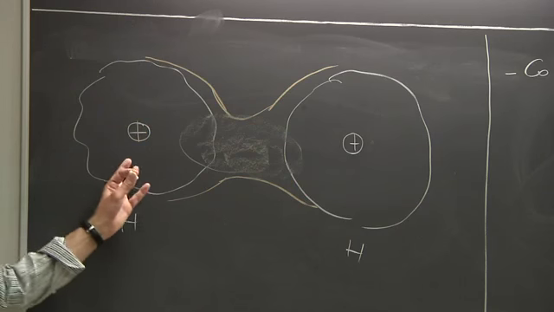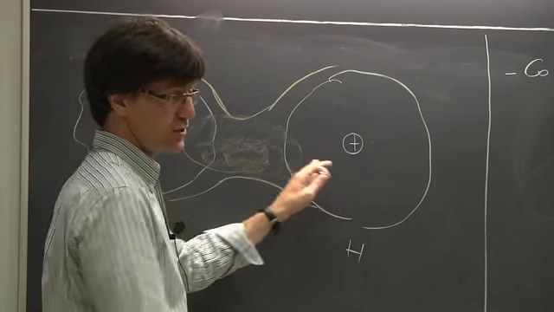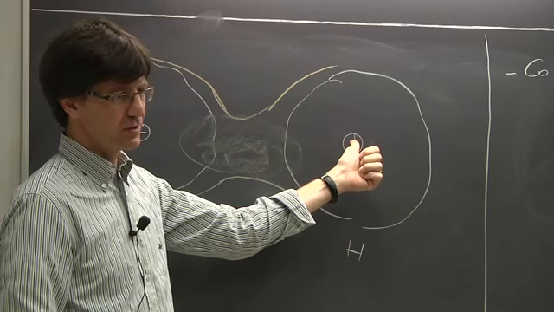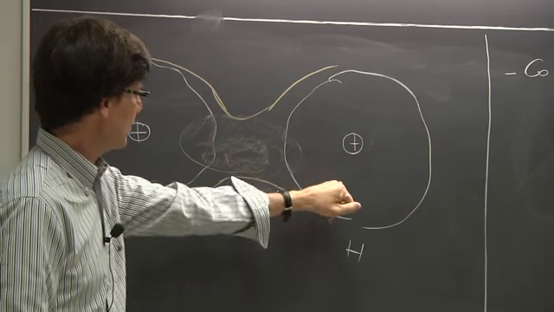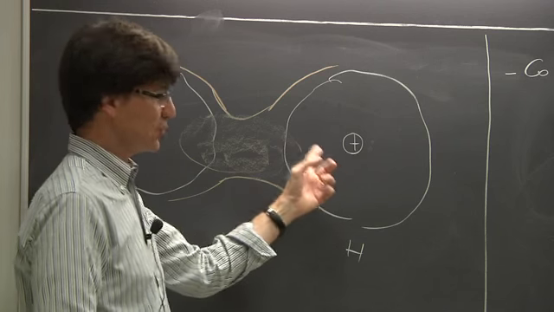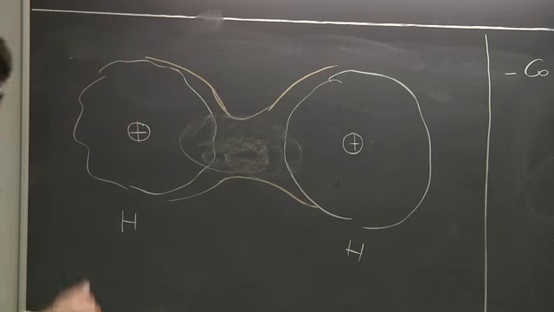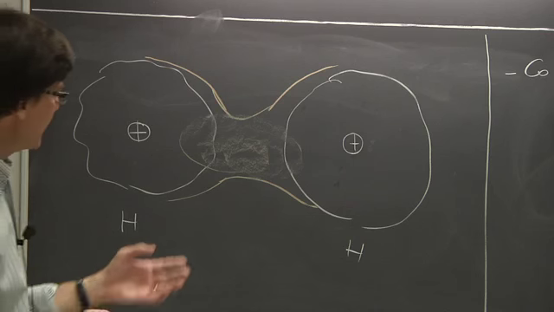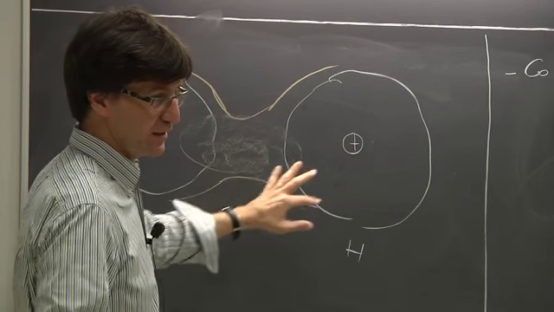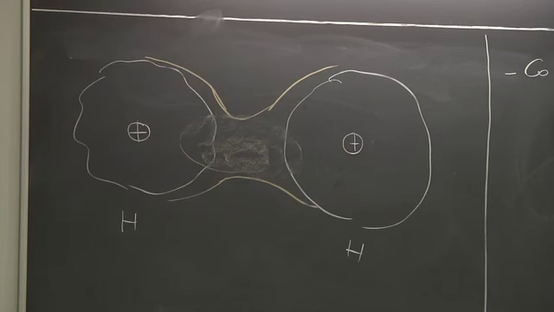The two electronic charge distributions will move, this one because it will be attracted by this nucleus, and this one because it will be attracted by this nucleus, primarily. You shouldn't forget that there is also repulsion due to the presence of the two electrons, but the result will be a slight accumulation of charge in the region between the two atoms.